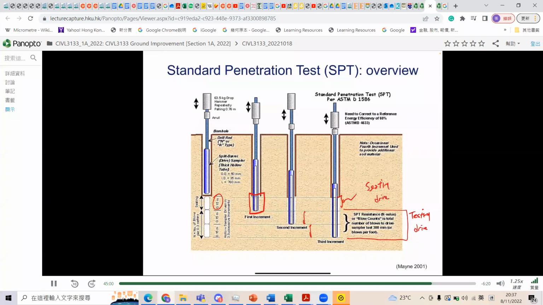So for the testing drive, the number of blows the drive hammer requires to achieve 75 millimeters each time. So 150, so 75, 75. So we take 4 readings and we count the number of N it takes to reach here, the number of N's it takes here, and the number of blow counts for each 75 millimeters. So 75 times 3, 4, and then you get 300 millimeters, right? So we do that essentially.